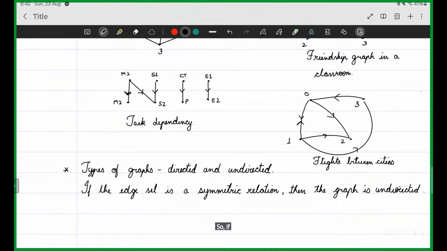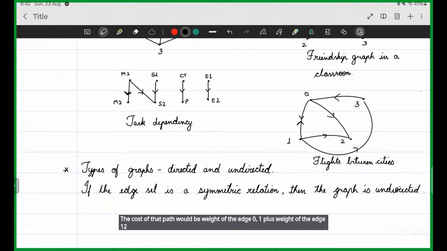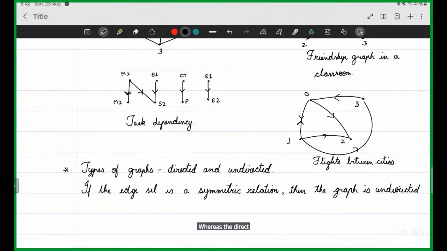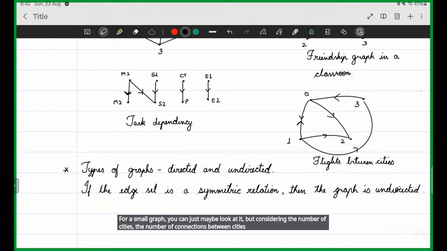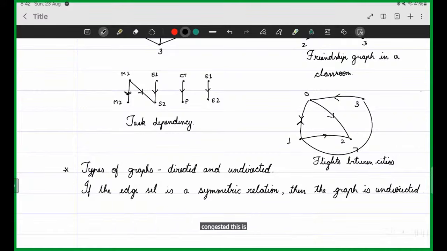If you take a path from 0 to 1, then 1 to 2, the cost of that path would be the weight of the edge 0,1 plus the weight of the edge 1,2. Whereas the direct edge from 0 to 2 will just have the cost of the weight of 0,2. Now you have to compare. For a small graph, you can just look at it, but considering the number of cities and connections between cities globally, you can see how congested this is and how not doable by just looking at it.